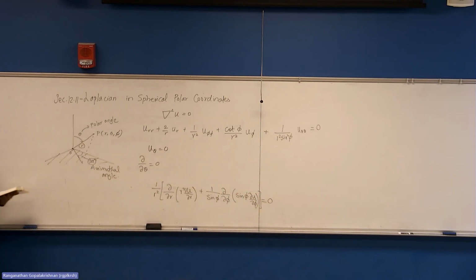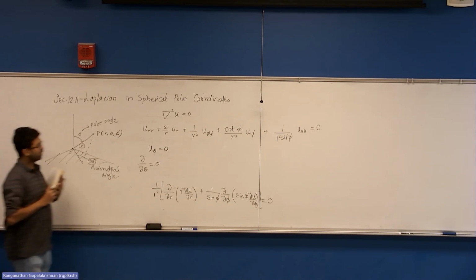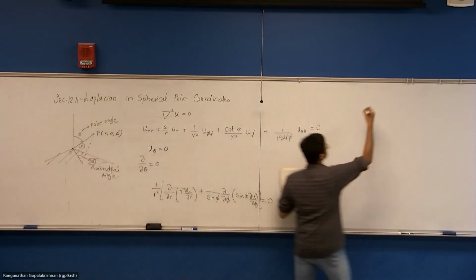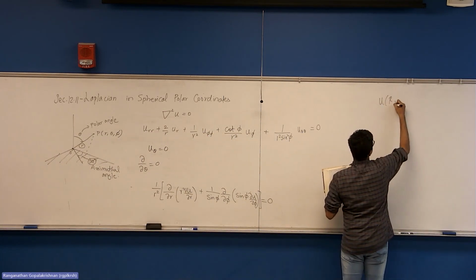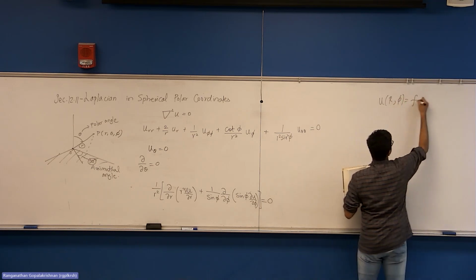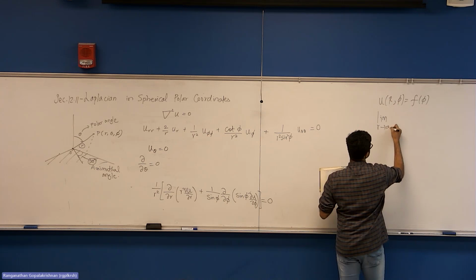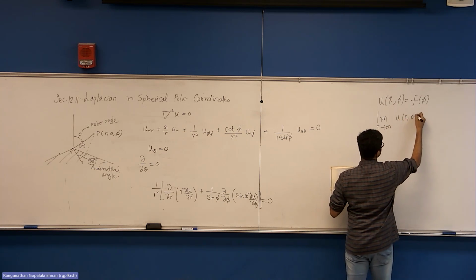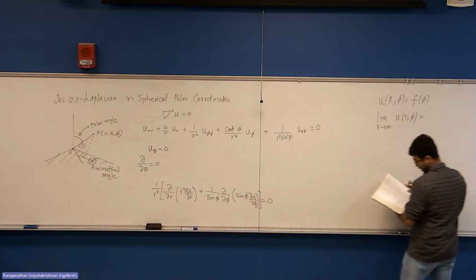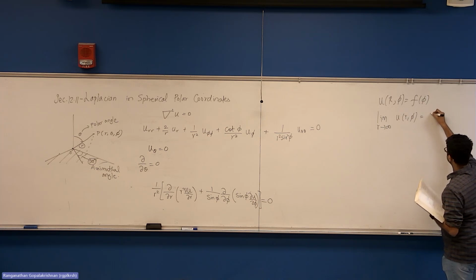So this is our equation with the boundary condition u of r comma phi is some function of phi, and the limit r tends to infinity of u of r is finite value or generally 0.